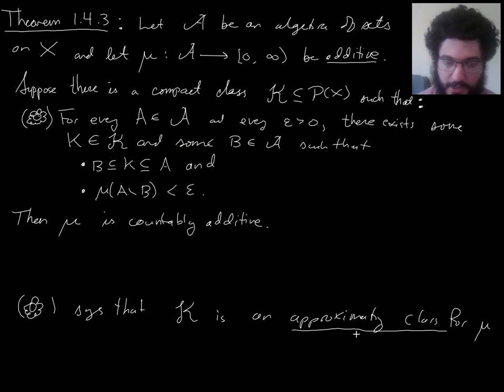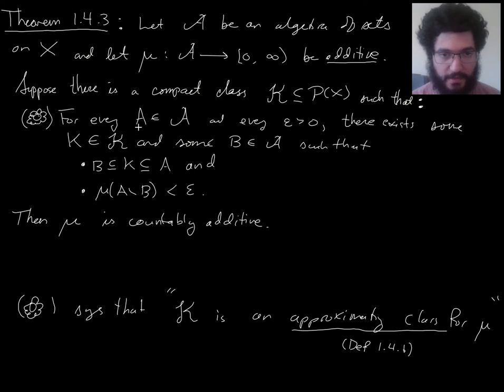And that's the definition of approximating class, basically, is this. So the official definition is given in definition 146. But it's basically just this. K is an approximating class for mu.